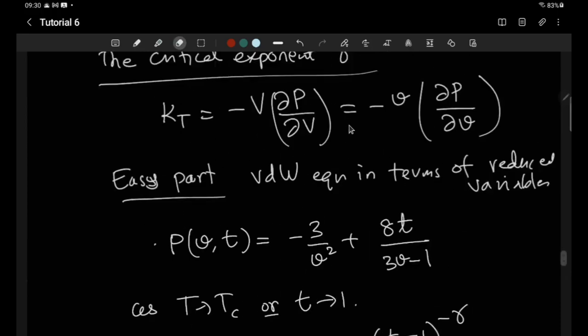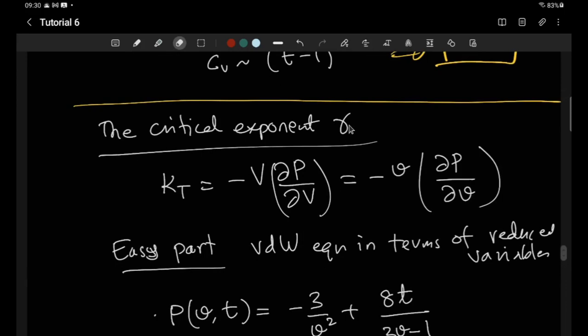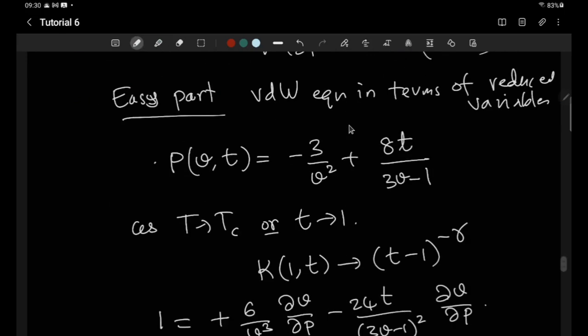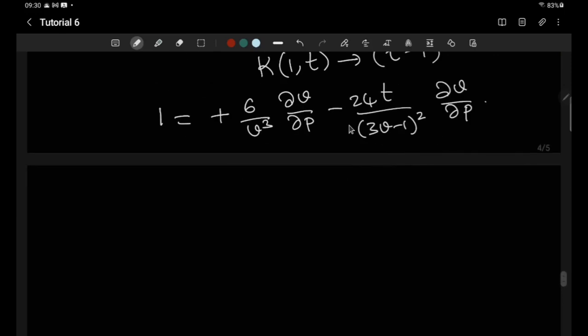Okay, so the kappa definition, this is wrong. I think even a few lectures back, I wrote it like this. Well, at least I'm consistent in my errors. So we just have to go ahead and solve for dv by dt.